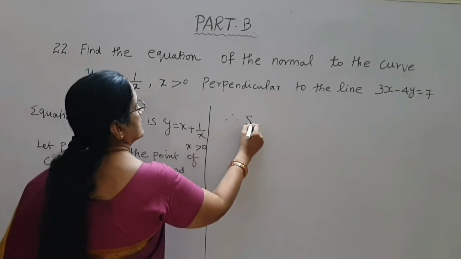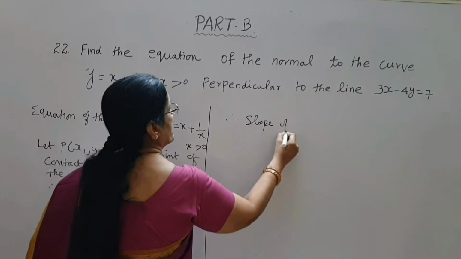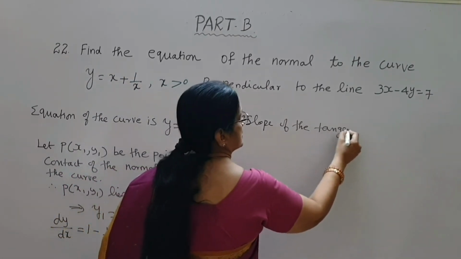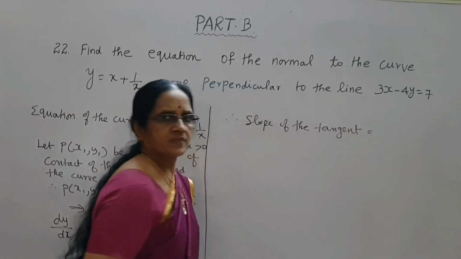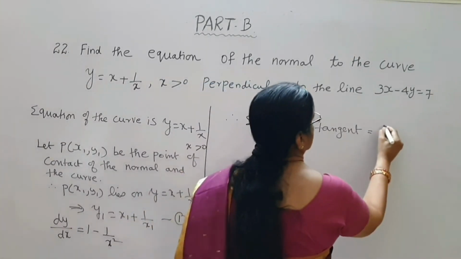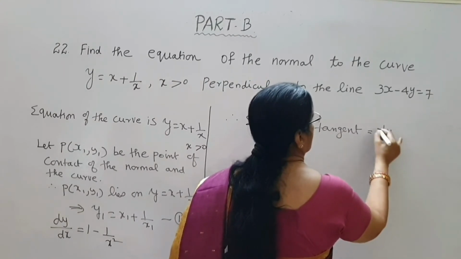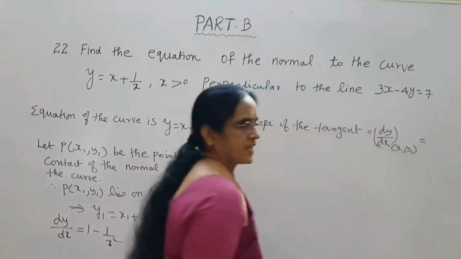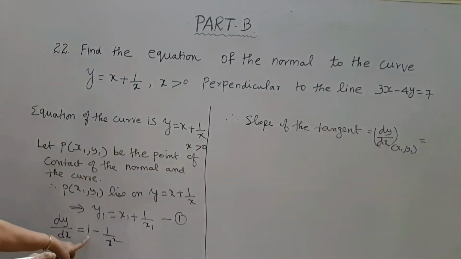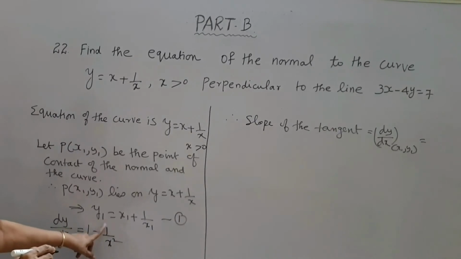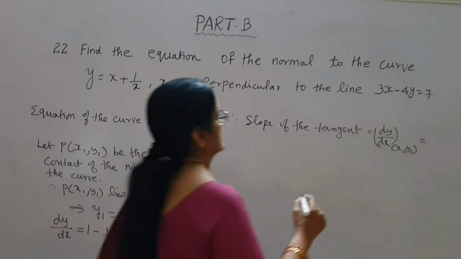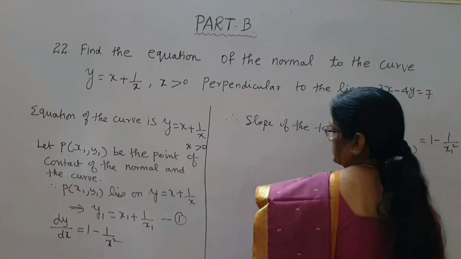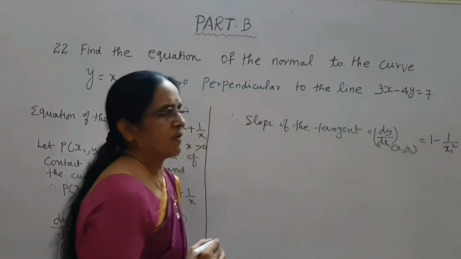Therefore, slope of the tangent is equal to dy by dx at x1 comma y1, which is 1 minus 1 by x1 square. This is the slope of the tangent.